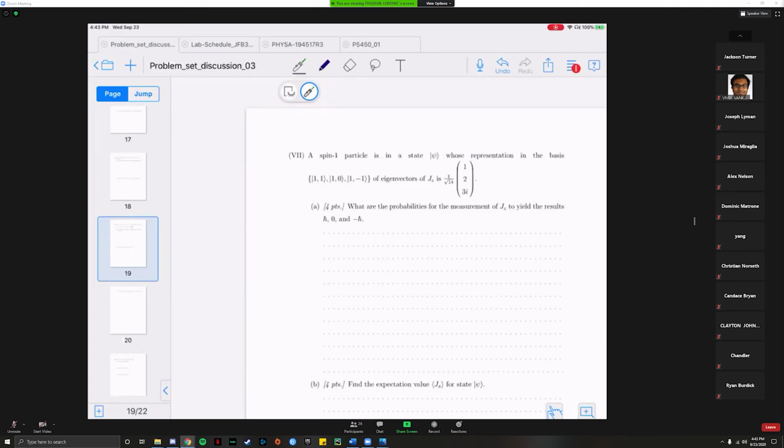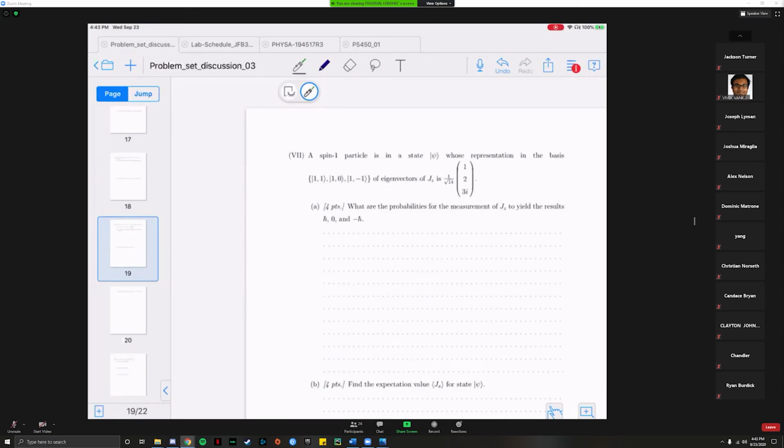I'm unsure on the probability computation. Okay. So what would you be tempted to do? Well, my first thought would be to try and get the expectation value for JZ, but that looks like that's what part B was.